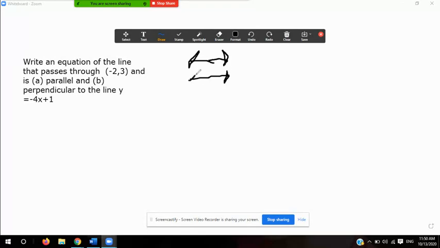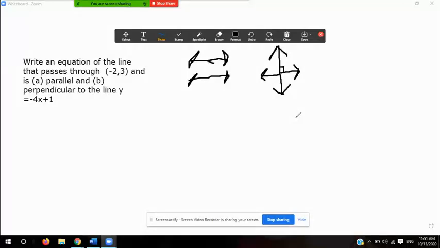So a perpendicular line is basically a line that forms a 90-degree angle. So if you have two lines that intersect and form a 90-degree angle, those lines are perpendicular. Now in the last sections, two sections ago, we said that basically parallel lines have the same slope and perpendicular lines have negative reciprocals.